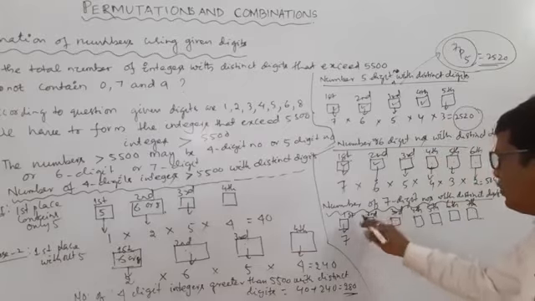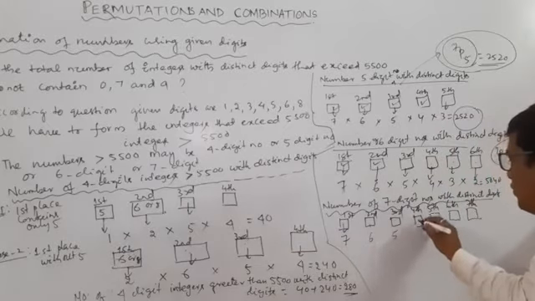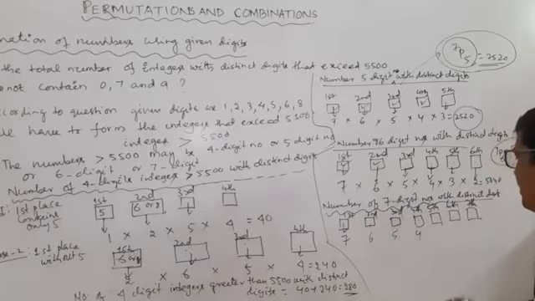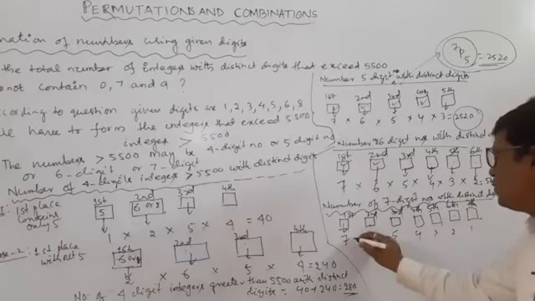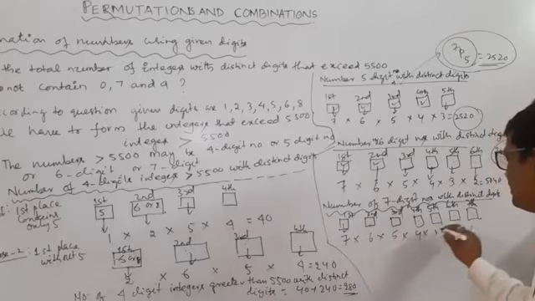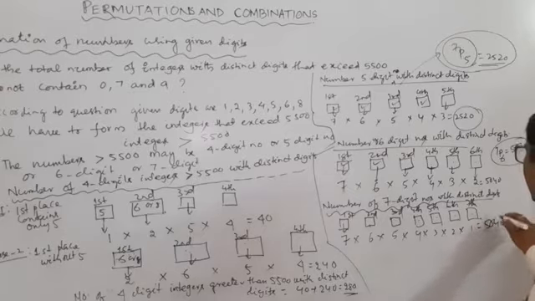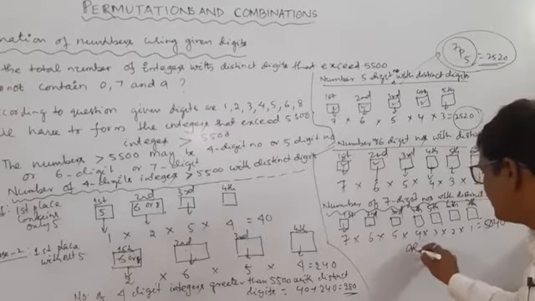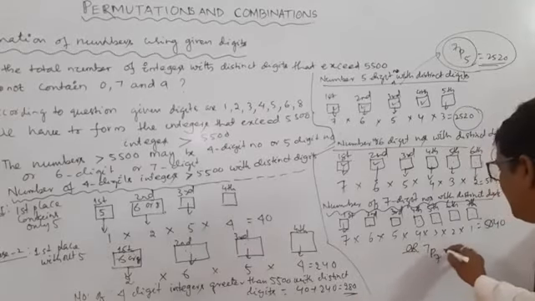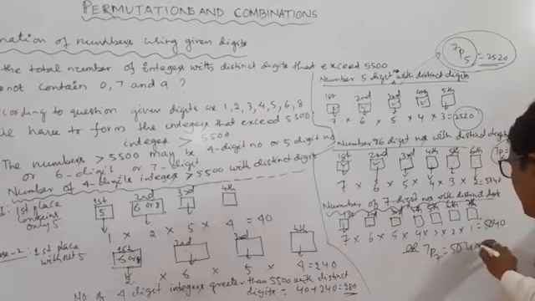Two digits are used, so 5 ways, 3 are used, so 4 ways, then 3 ways, 2 ways, and 1 way. So the total number is 7P7, which is equal to 5040.